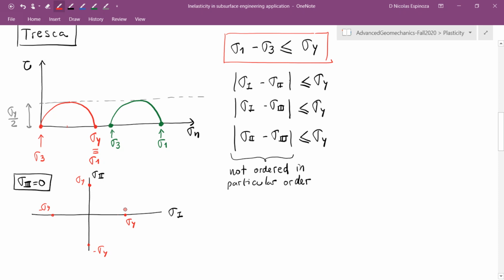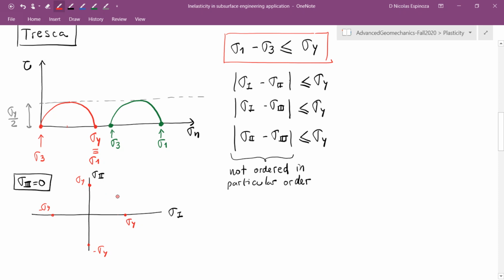Let's say that I have a sigma 3 equal to 0, and I have a sigma 2 which is not equal to 0. It's somewhere around here, but it is not negative. So in that sense, the maximum difference is going to be between sigma 3 and sigma 1. And sigma 2 is not going to play any role because it is between 0 and sigma y.